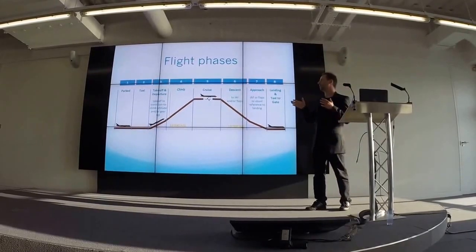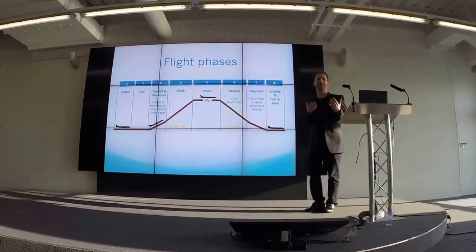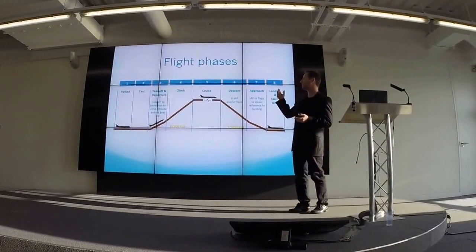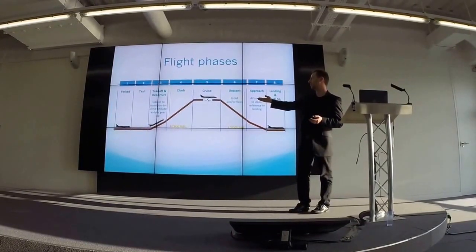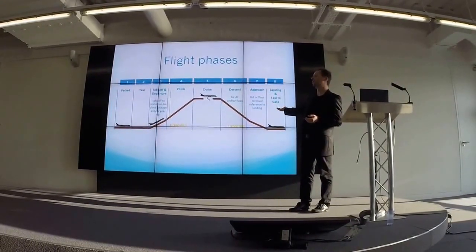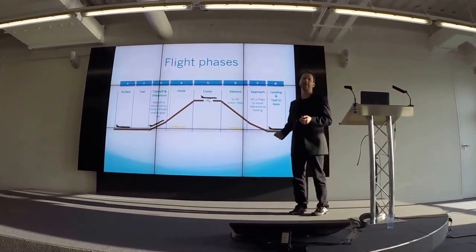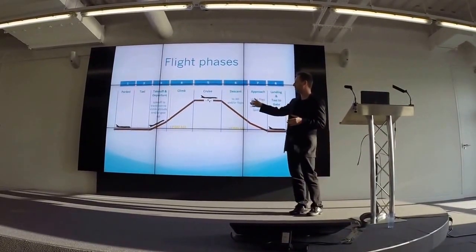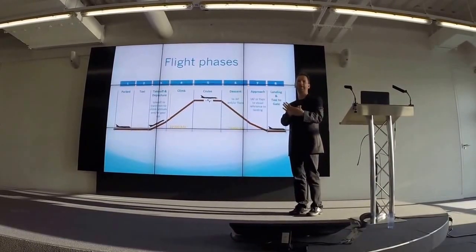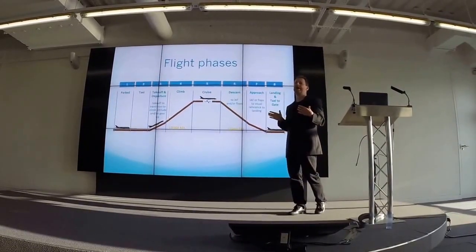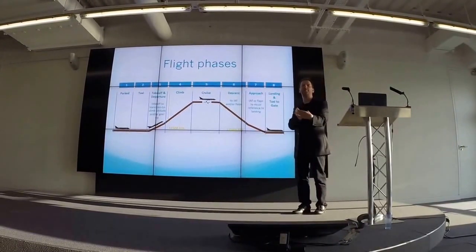The reason we split by phases is because we don't want to compare apples with oranges. I don't want to compare what happens at takeoff with what happens at arrival or landing. So we want to compare takeoff data with takeoff data, and usually at the same airport.